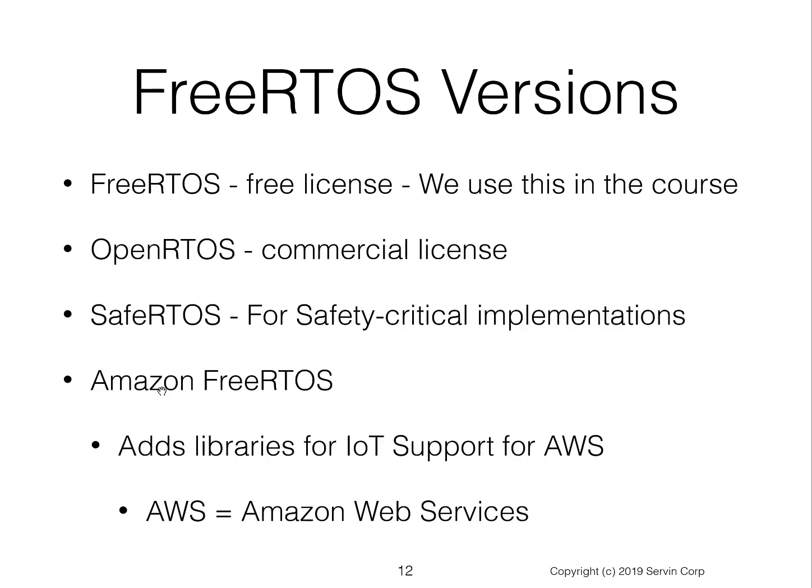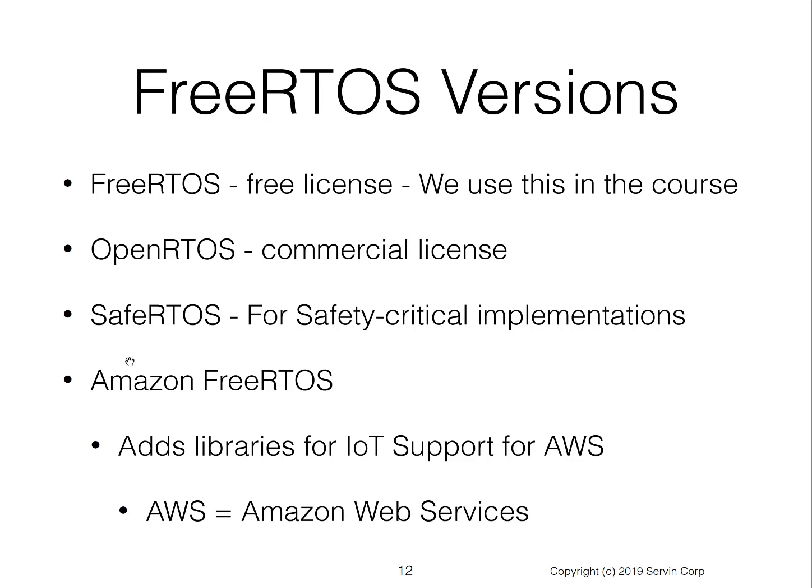There are all kinds of versions you can license. The one we're going to use is FreeRTOS, which is the free license. But as I mentioned, a lot of companies will feel a little uncomfortable having a totally free license, so what they'll do is get a commercial license. A commercial license gives them more official support, and also it satisfies the legal department in some companies. There's also a safe RTOS, which is one that's been put through some tests for safety critical implementations.